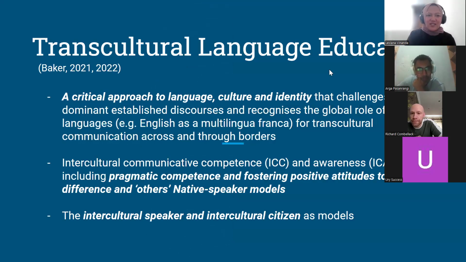I'm not going to go through all of this, but one of the most important things from the research on transcultural language education is that it's a critical approach to language, culture, and identity. It reminds me of what Richard shared with us a few months ago in Radical Pedagogy. This is also a critical way to see the dominance, the power, the hegemony of English language teaching.